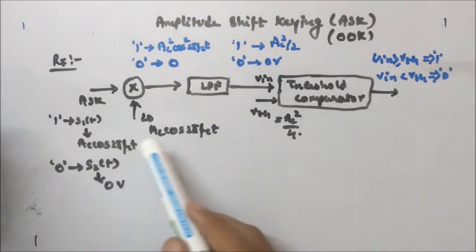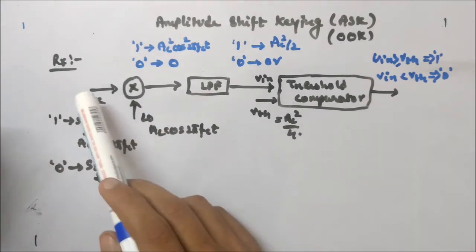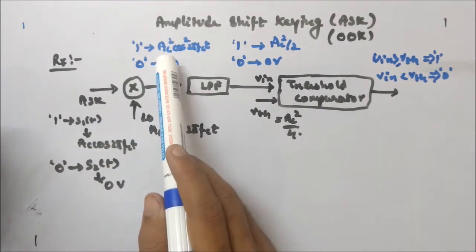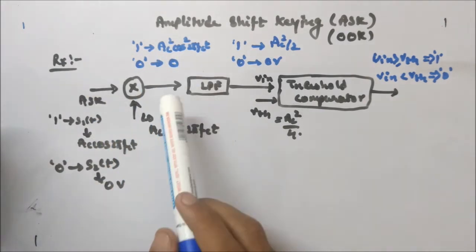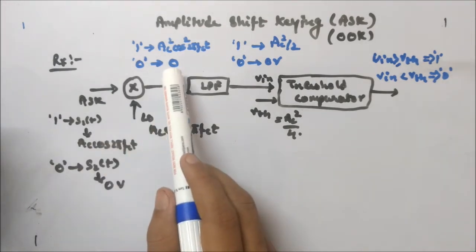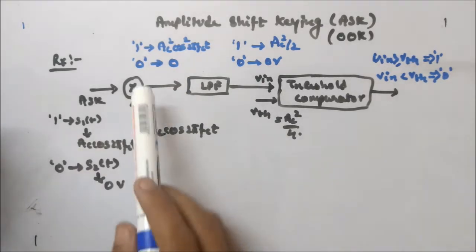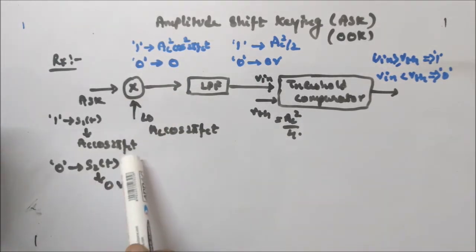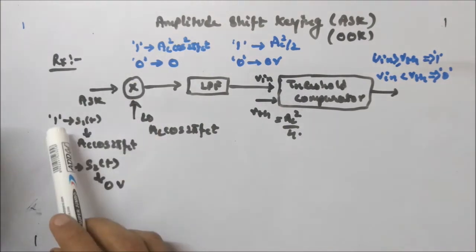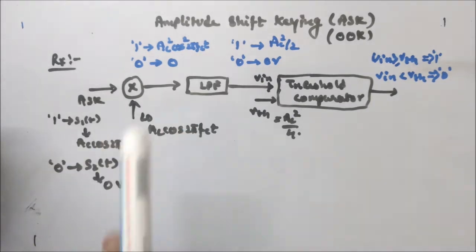If you multiply these two signals, what you get at the output if bit 1 comes is Ac squared cos squared 2 pi fc t, and if bit 0 comes, then 0 will be your output. Mind you, bit 1 means Ac cos 2 pi fc t is coming here, not 1. We converted it into this form when we transmitted.